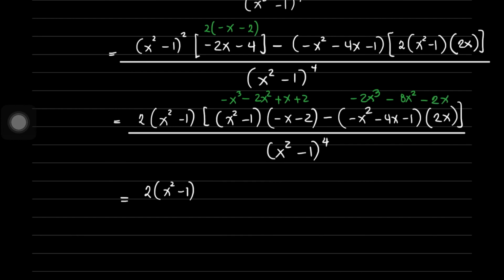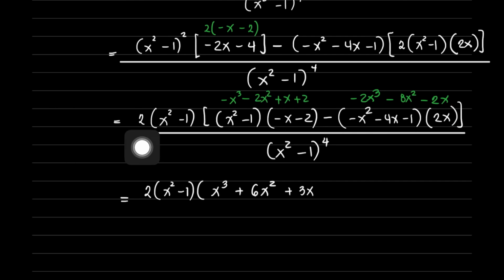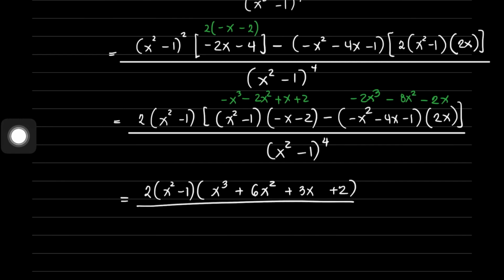So if we perform the operation, the resulting expression would now be negative x cubed minus negative 2x cubed, that is positive x cubed, negative 2x squared minus negative 8x squared, that will give us positive 6x squared, and then x minus negative 2x, that will give us positive 3x, and then lastly we have positive 2, all over x squared minus 1 raised to the 4th power.